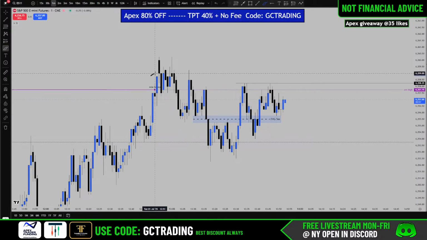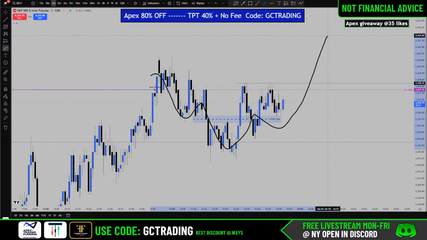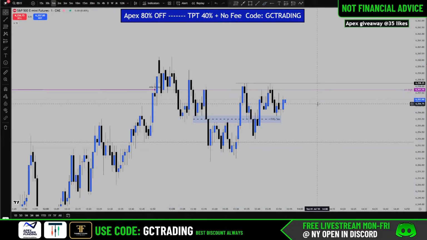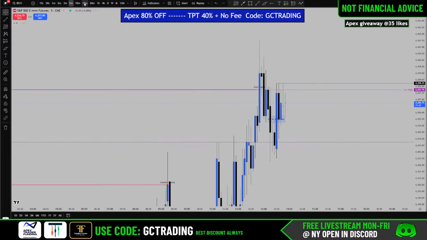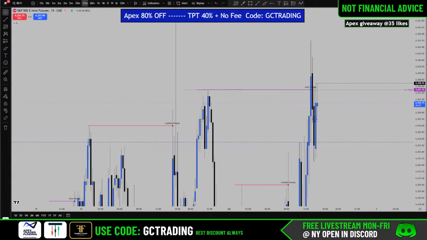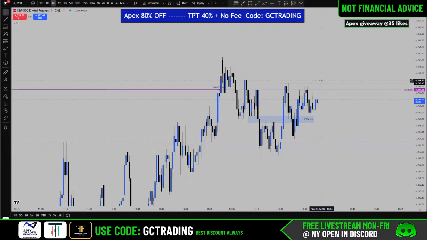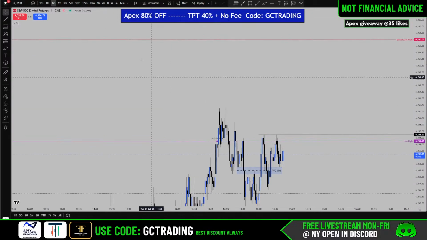See how it's kind of bowing up, right? But we would have to break past these equal highs right here, get some confirmation to go to yesterday's high.